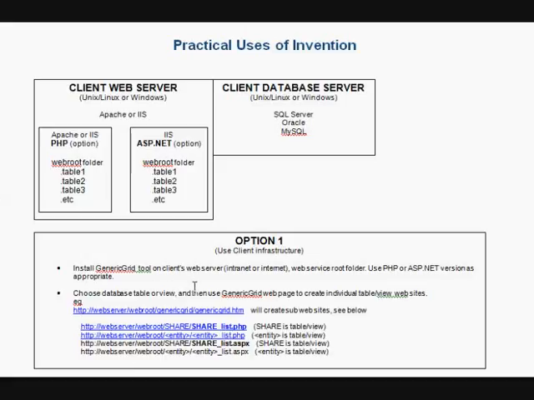The code behind these folders can then be modified to suit your particular application, or you can incorporate the subfolders into one huge application. So the options and permutation combinations are enormous. This is just one way of using this invention, my web GenericGrid tool.